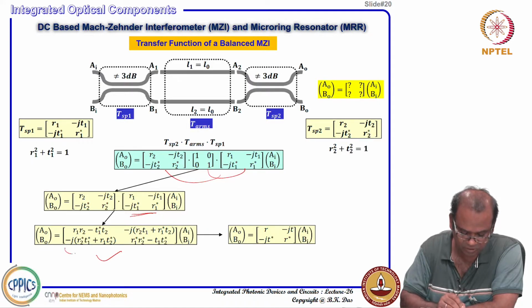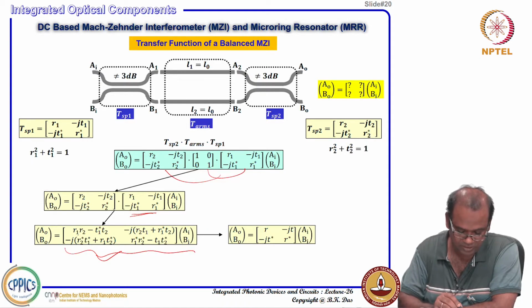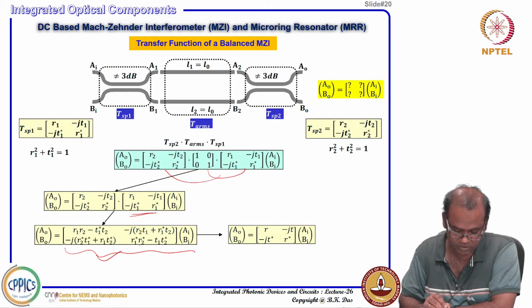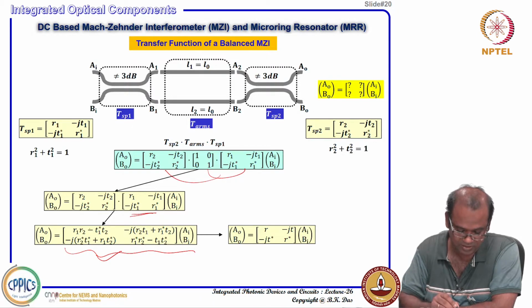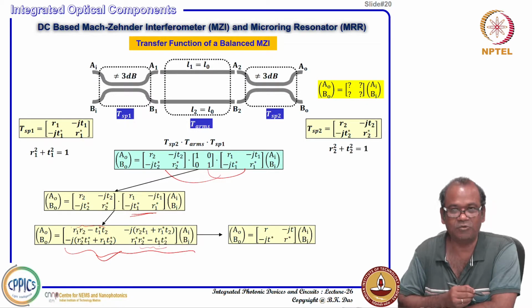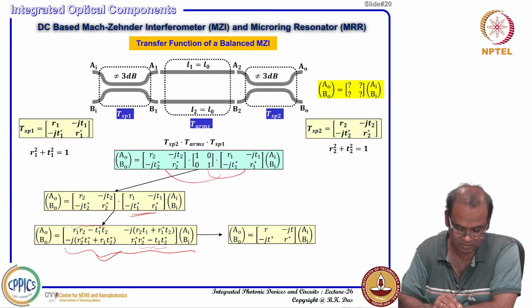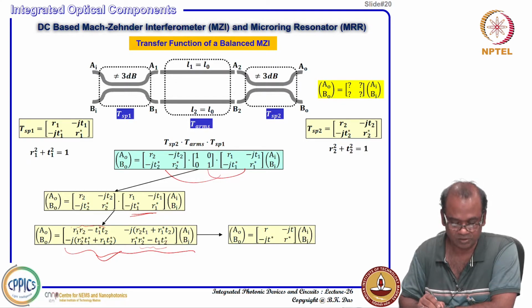Just inspect this matrix carefully. You see this one, R1, R2, T1 star, T2, and this one, R1 star, R2 star minus T1, T2 star. That means whatever you get in this element is just the complex conjugate of that one: R1, R2 and R1 star, R2 star, T1 star the complex conjugate of T1, T2 the complex conjugate of T2 star.